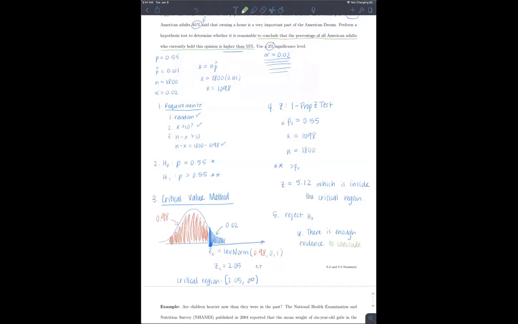So there is enough evidence to conclude that the percentage of American adults, or of all American adults, who currently hold this opinion is greater than 55%.